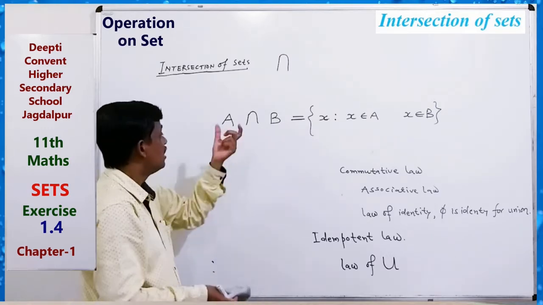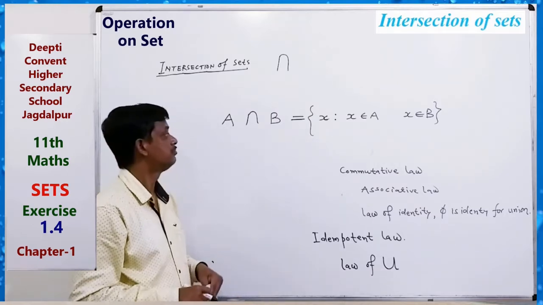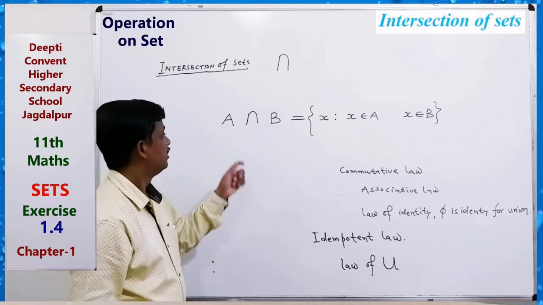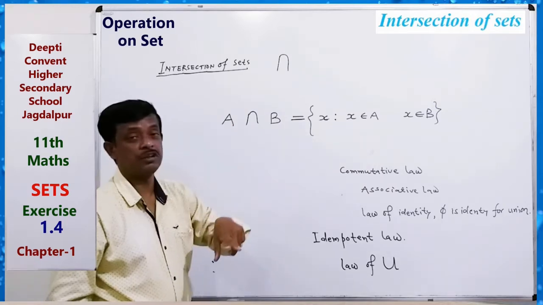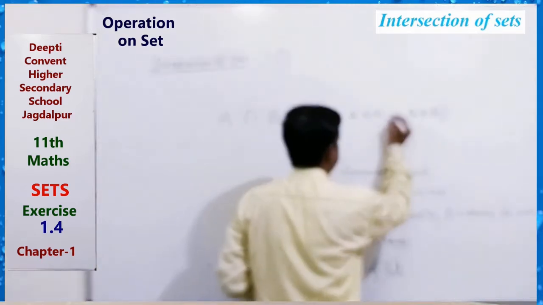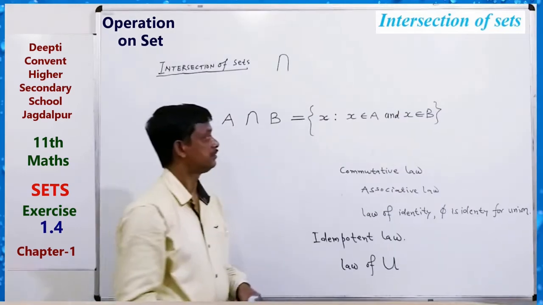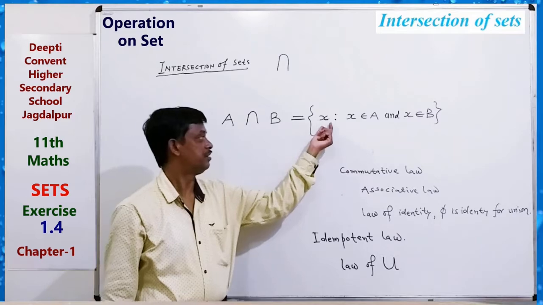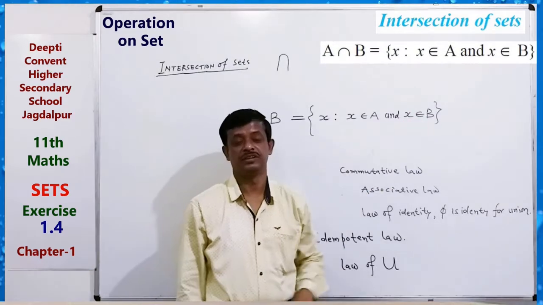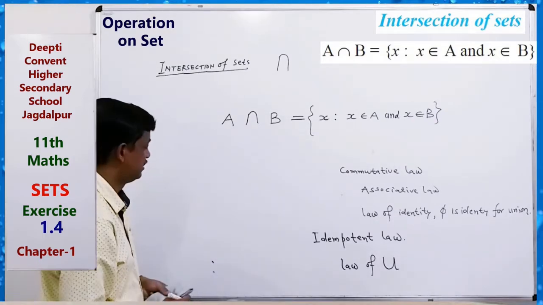Or we can say that A intersection B is a set containing all those elements such that X belongs to A and X belongs to B. That is the common element. This is the definition of intersection.